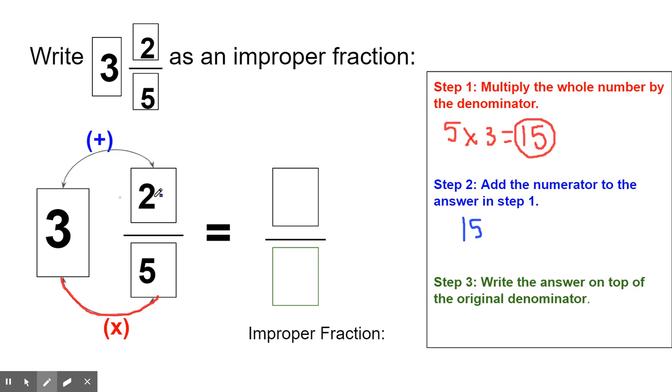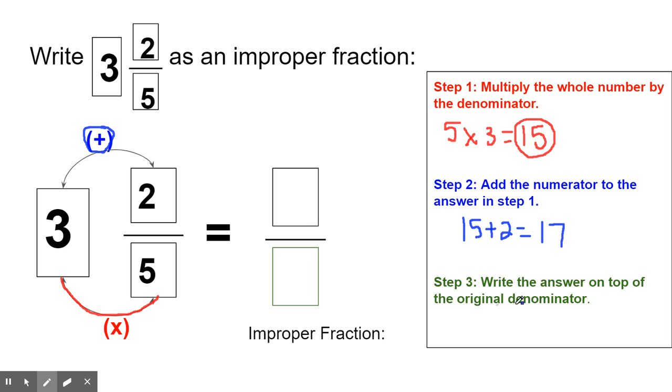That's kind of showing you adding, and our numerator is 2. So we're going to add 2. 15 plus 2 equals 17.